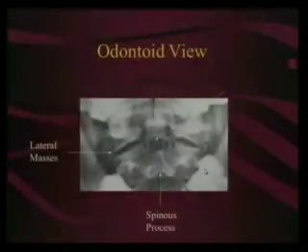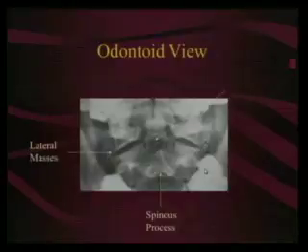Here's another view. Several things to look for in here. How rotated is the head? One of the things I look for is, if they have front teeth, the space between their front teeth should be right in the middle of the dens. That'll help you figure out how rotated they are.